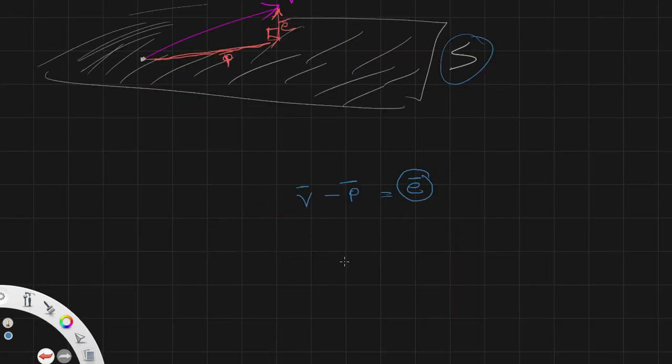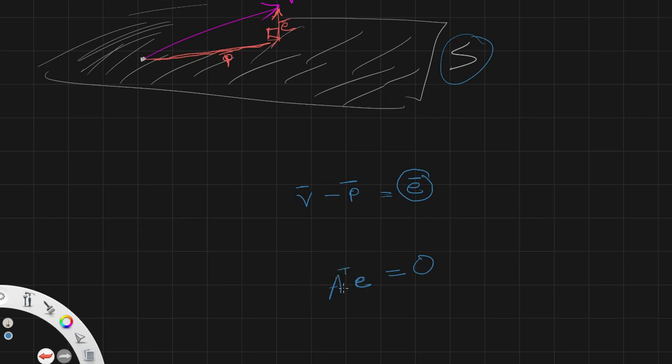So we can write A transpose E is equal to 0, because E resides inside the null space of A transpose. In other words, E resides inside the left null space of A.